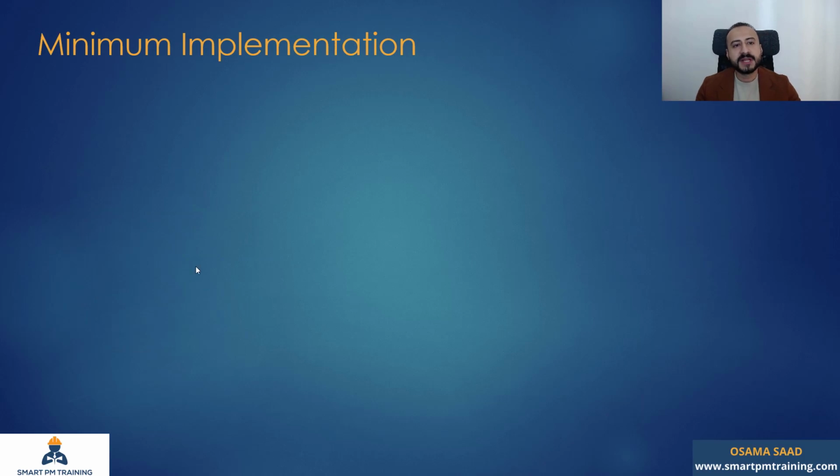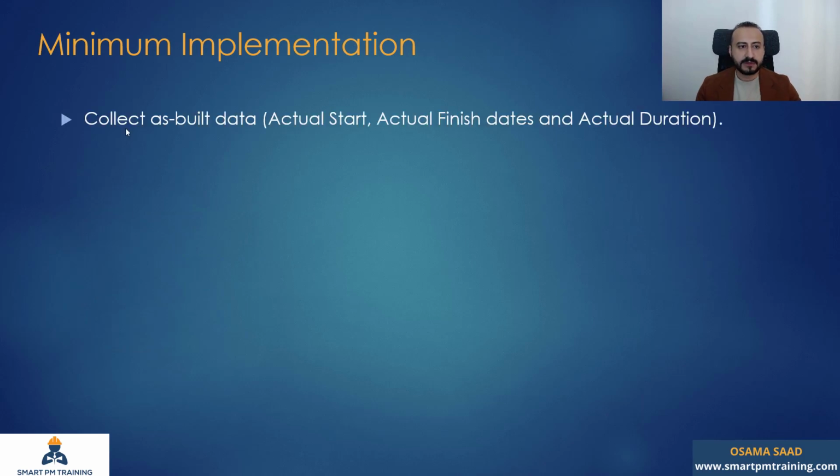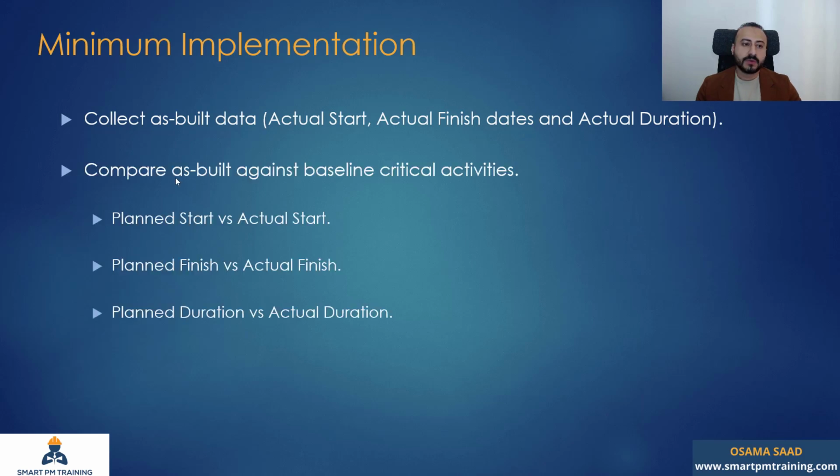What is the minimum implementation? We will collect as built data, actual start, actual finish dates, and actual duration. We will compare the as built against the baseline critical activities. We will compare the as built against the planned of critical activities.